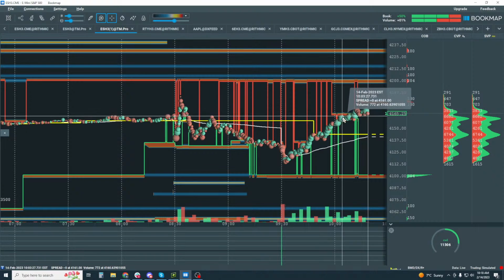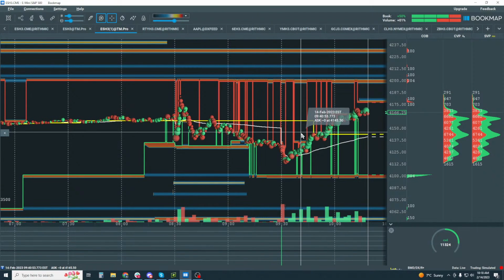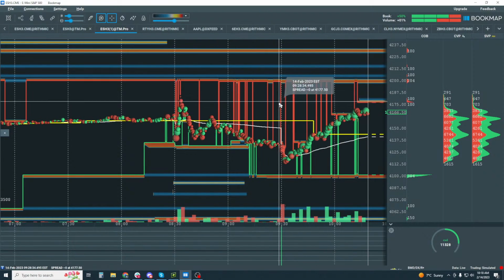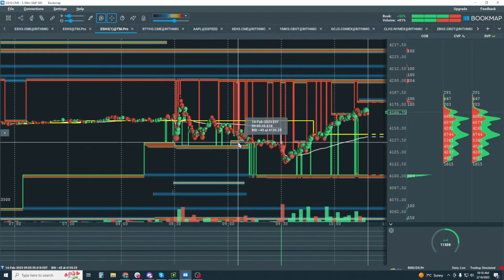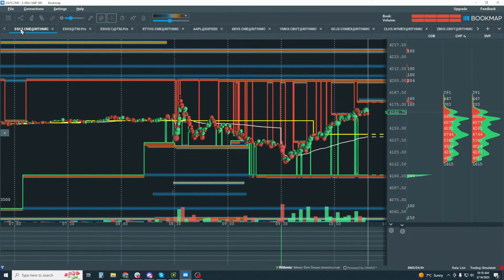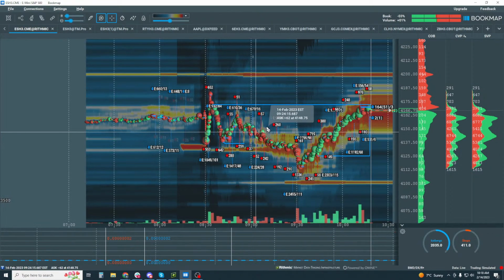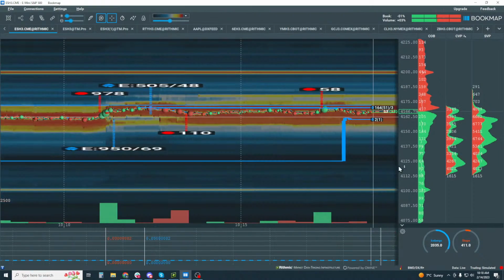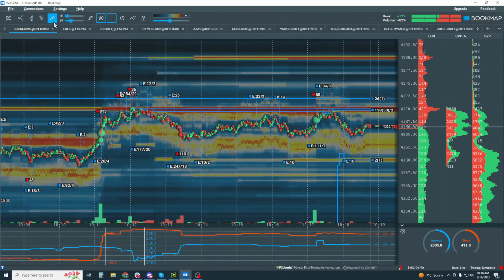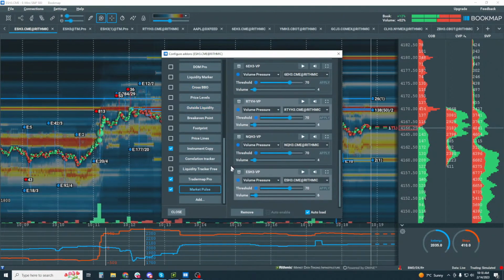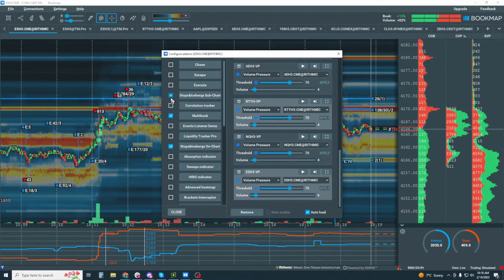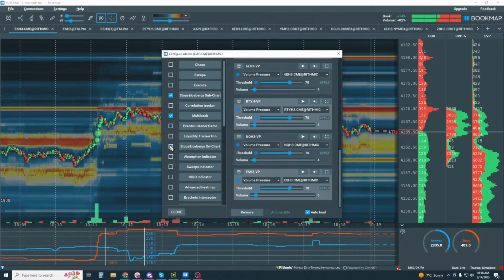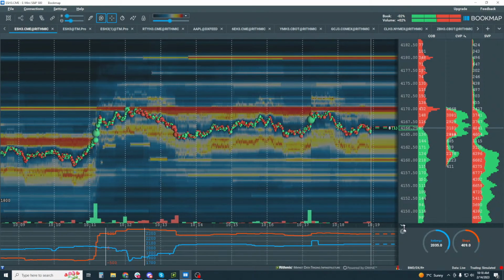Now this is an add-on, I just want to show the heat map though with this add-on in here. We can go back and take a look at the core regular Bookmap version, and we can even take off the stops and icebergs on chart here, and go back to CVD.